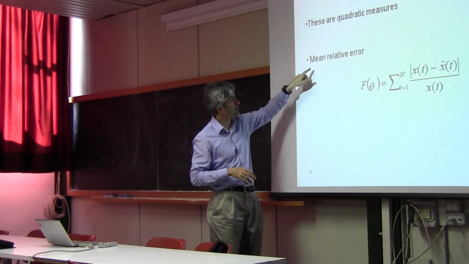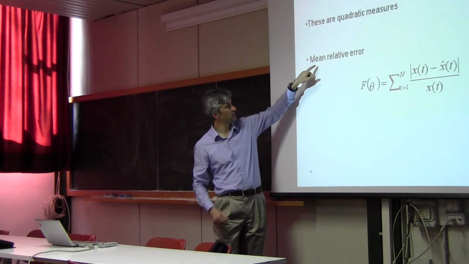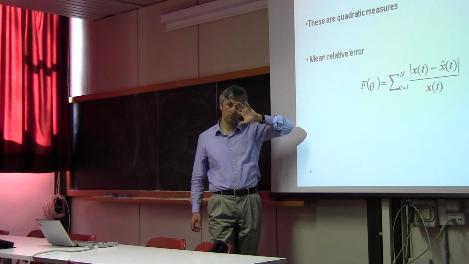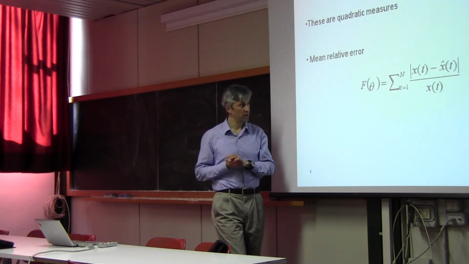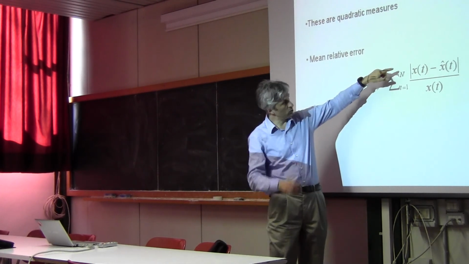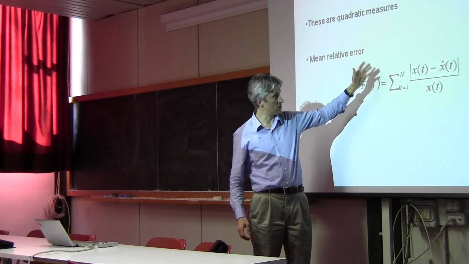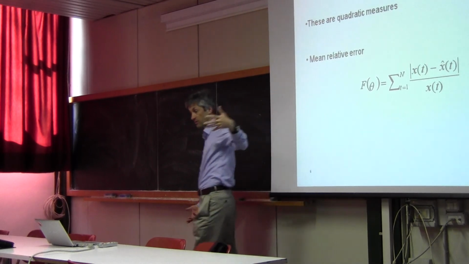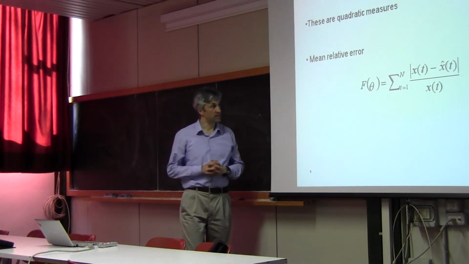In fact, in some texts, you find it mentioned as mean absolute relative error. That would be more comprehensive, more correct. Then, after you took the absolute value of the relative error, you divide by the number of observations. So basically it's the mean.